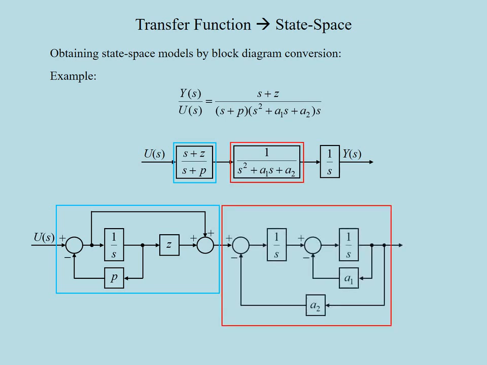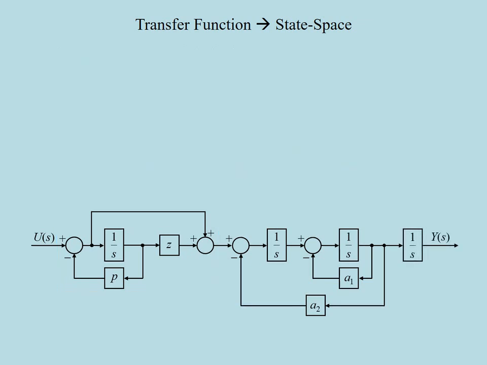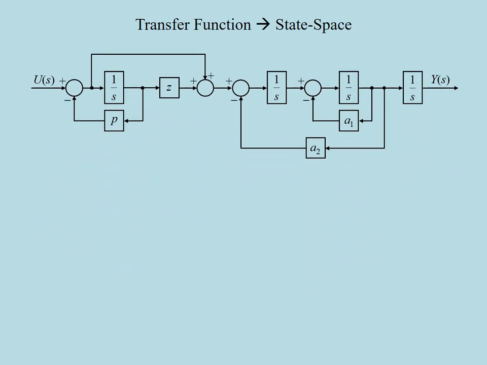This is how you can express a second order block in terms of only integrators and constant gain blocks. And finally, the third block is an integrator by itself. So we have a block diagram for this transfer function where all blocks are either integrators or constants.